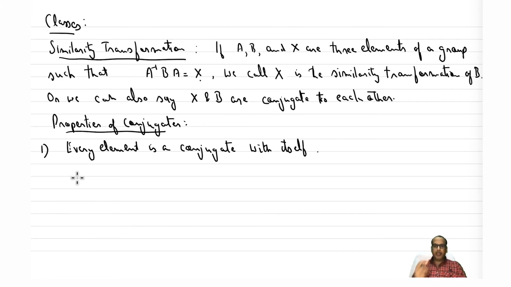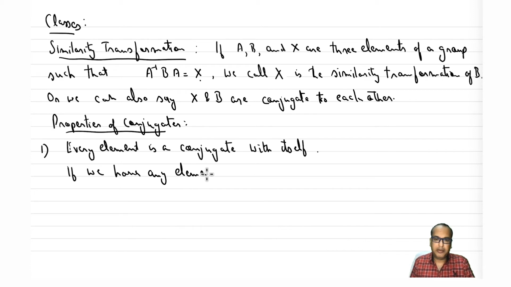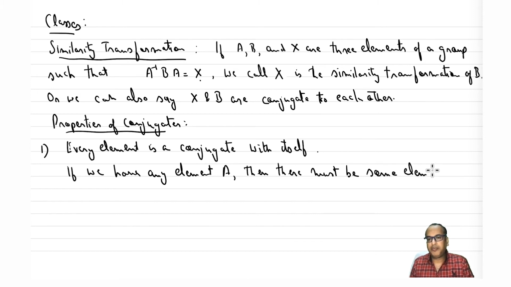This means that if we have any element A, then there must be some element, and we will show how to prove it, at least one element X, such that A is equal to X inverse A X. This is the definition from similarity transformation.